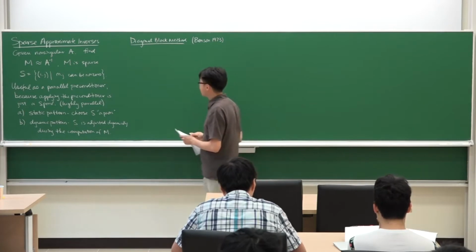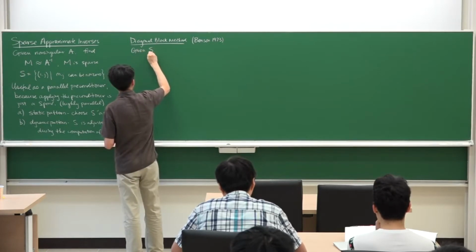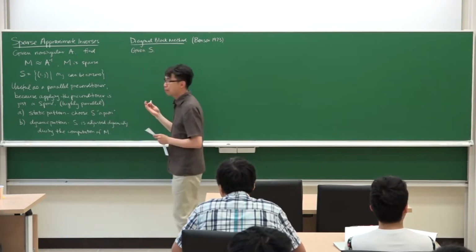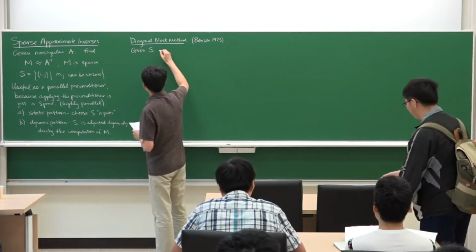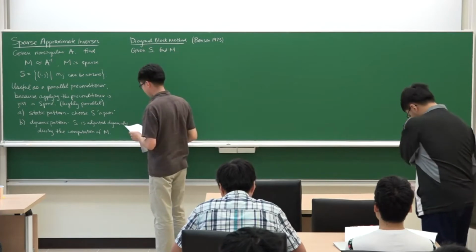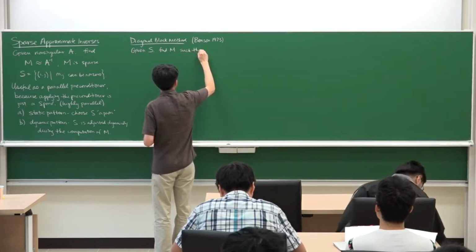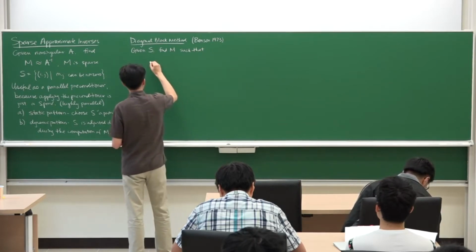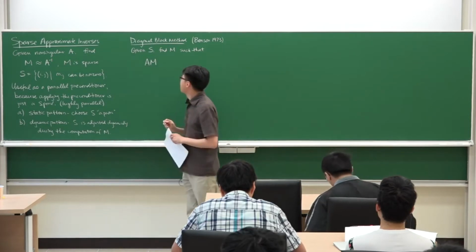The idea is that, given a matrix A and the sparsity pattern S, we're going to find an M such that A times M matches the identity.